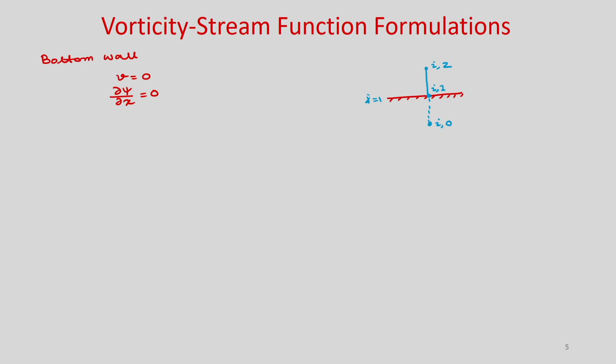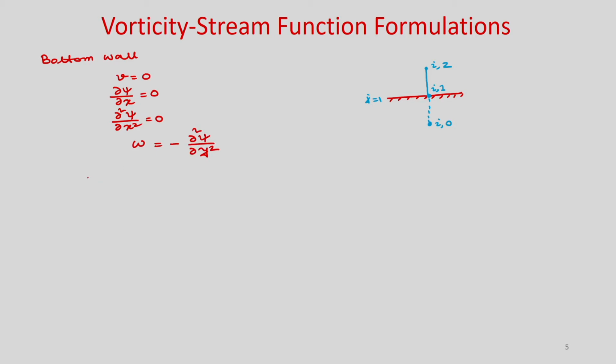So, if you take the gradient of this del psi by del x with respect to x, that will also be 0, that means you will get del 2 psi by del x square is equal to 0. So, your omega equation will be minus del 2 psi by del y square. Okay.